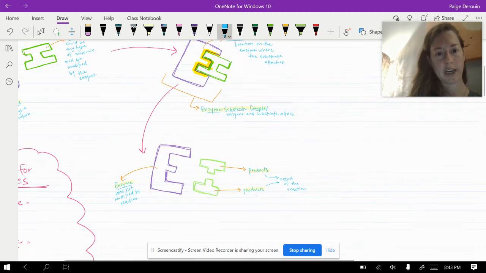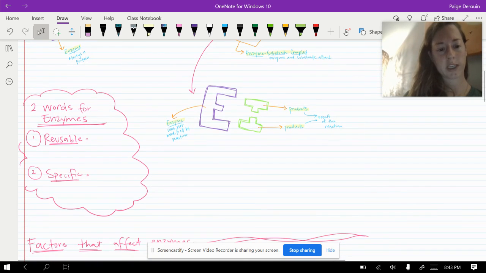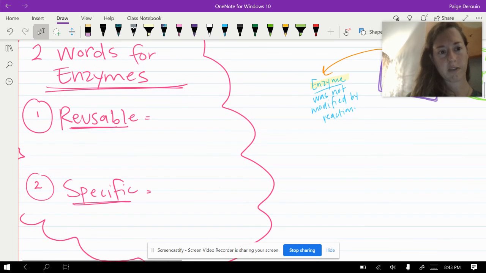Okay, so that's the reaction in pictures. Now I'm going to talk about two important words that apply to all enzymes: reusable and specific.